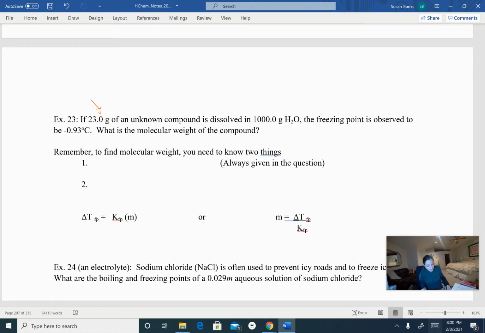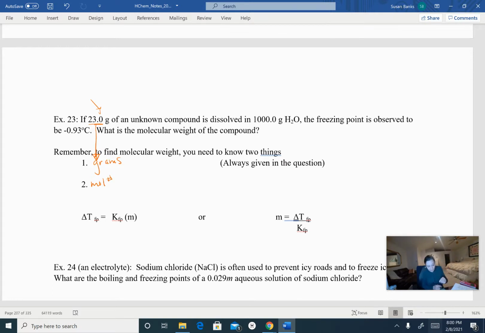Okay, so to find molecular weight, we need to know 2 things. We need to know grams, and we were given grams. And we need to know moles, the number of moles.